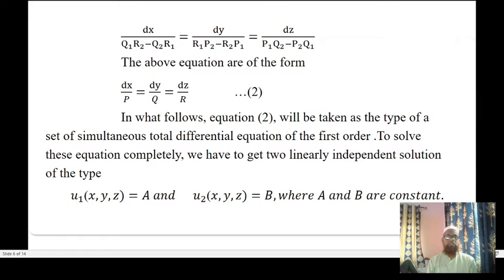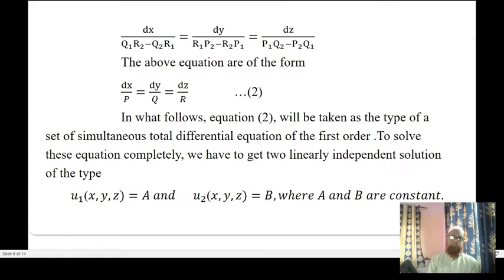So equation 1 is a set of two equations, that is p1 dx plus q1 dy plus r1 dz equal to 0 and p2 dx plus q2 dy plus r2 dz equal to 0, and dx by p equal to dy by q equal to dz by r.